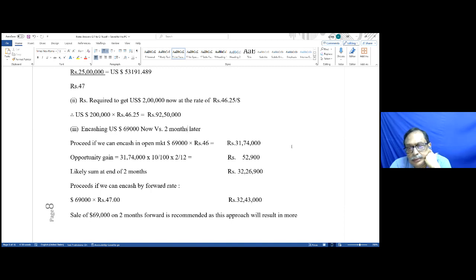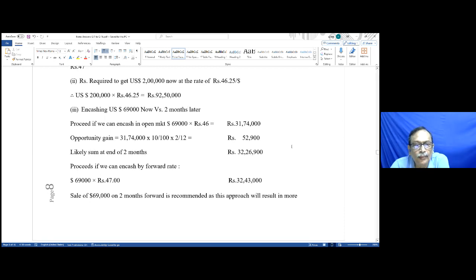It comes to 52,900. After adding these two figures, 31,74,000 plus 52,900, the likely sum at the end of 2 months will be 32,26,900.